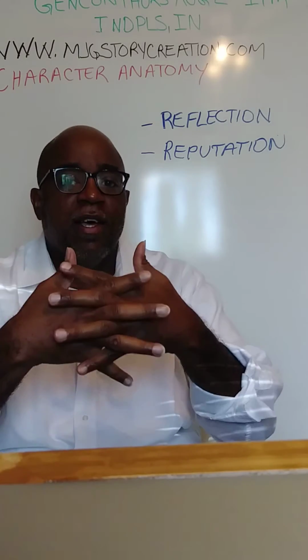And then reputation is how other characters within a story view a given character. I know it sounds a bit confusing, but looking at it from all of these different viewpoints is very important because it prevents you from meshing things that don't need to be meshed. And as a writer, particularly when you're building an epic story and building a world, there is the tendency to get lost, to lose the forest for the trees, if you will.